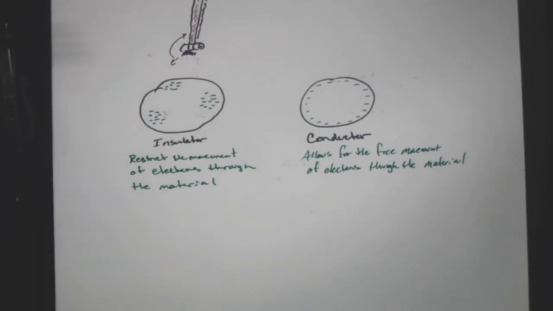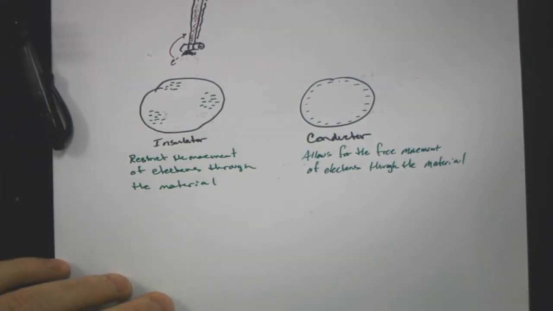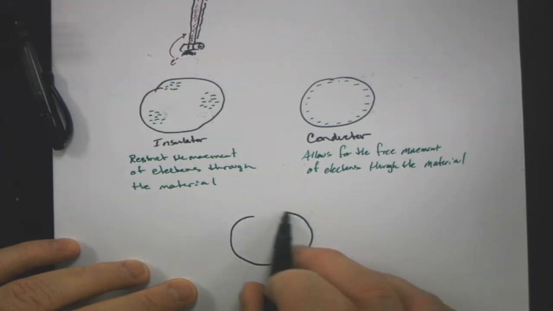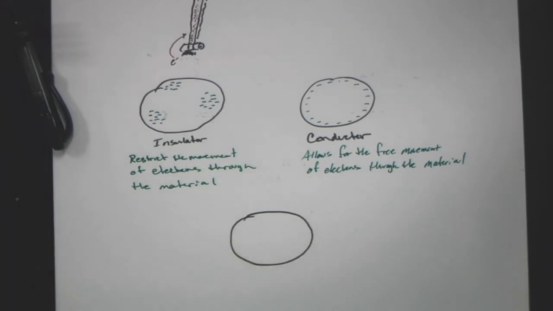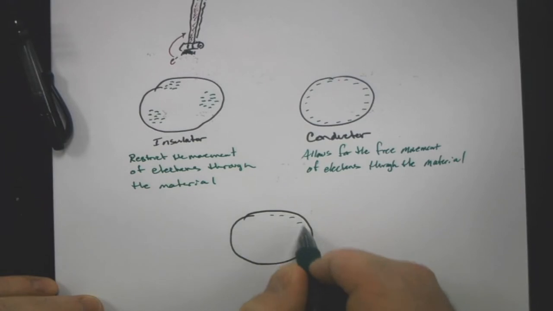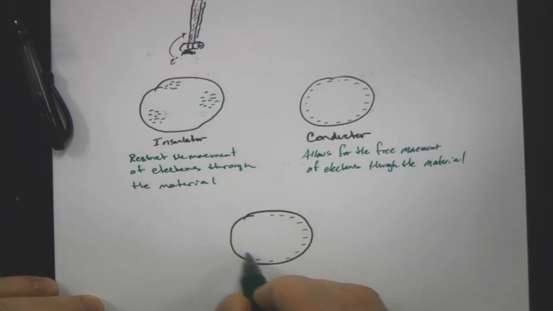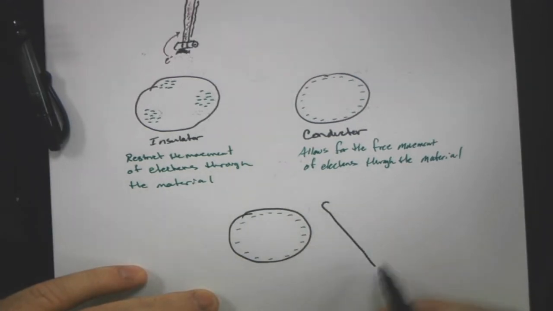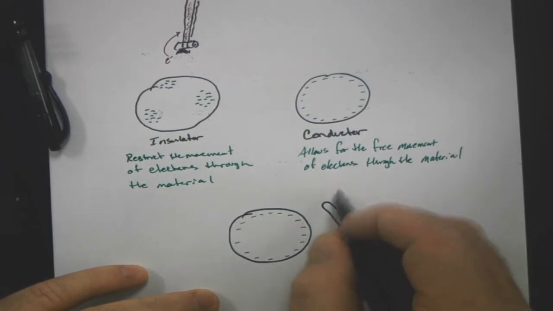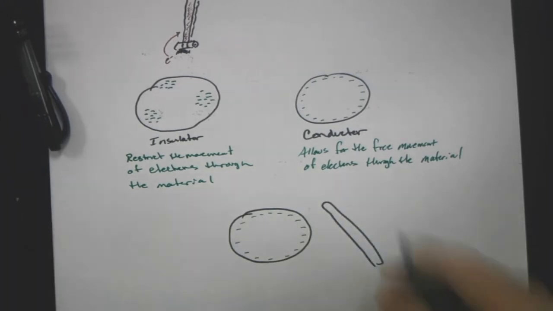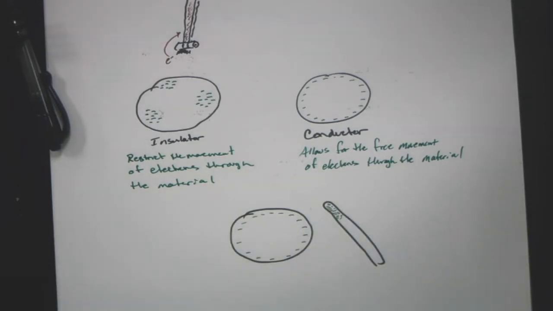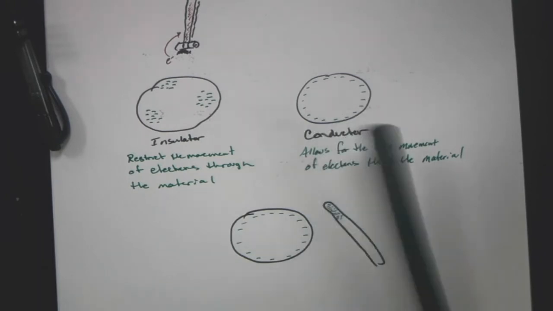If we have this conductor, and this is what we did with our jar over here with the foil on it, if originally we have all this negative charge distributed around it, and we move a charged rod, like we had with the rubber rod with the rabbit fur, towards it.